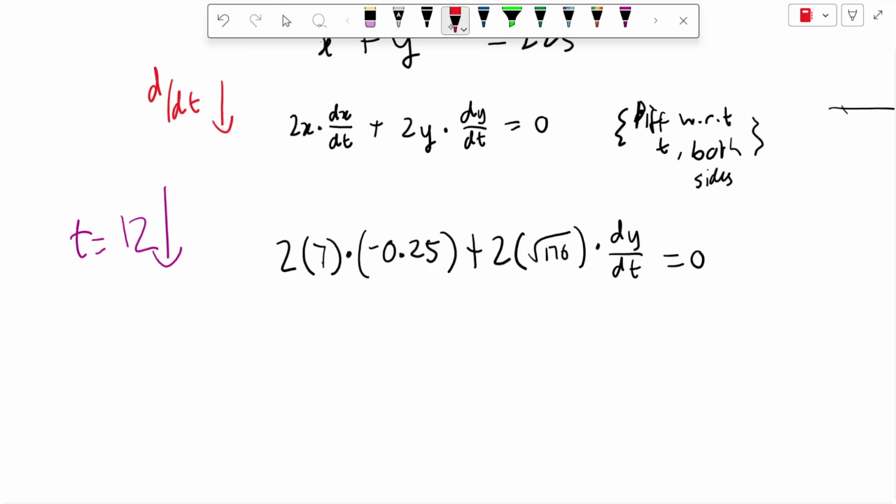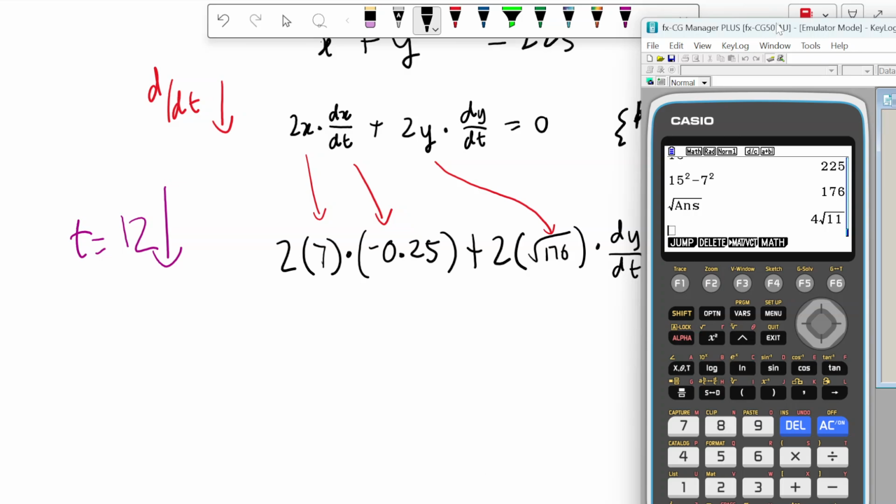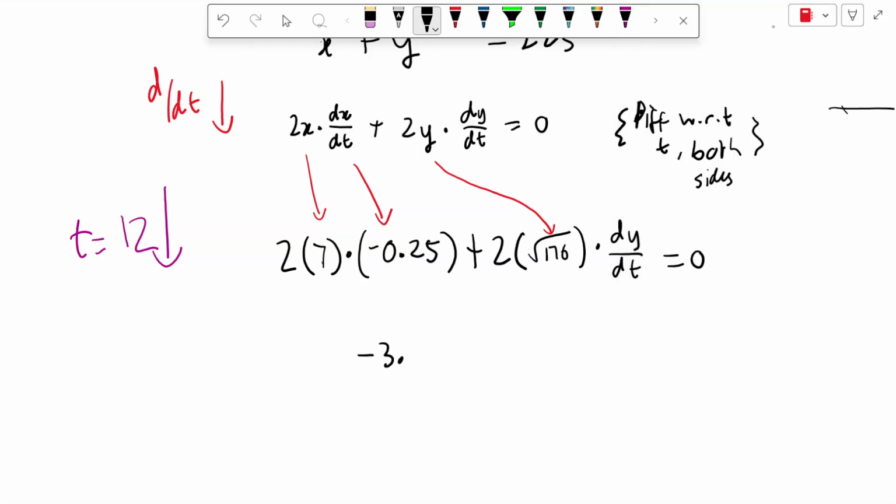So we've just plugged in everything we know. Okay, so we can just figure out what these are in approximates. So 2 times 7 and 0.25, so this will be minus 3.5 plus 2 root 176 dy over dt equals 0.